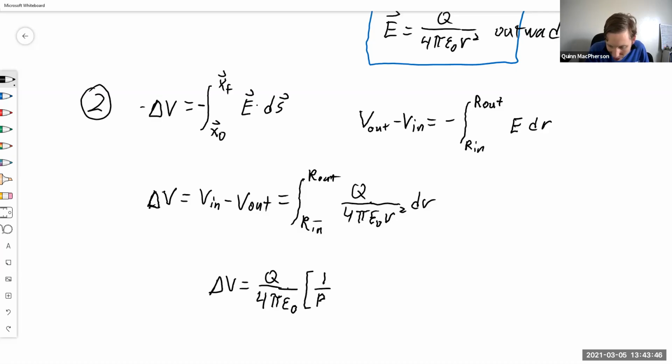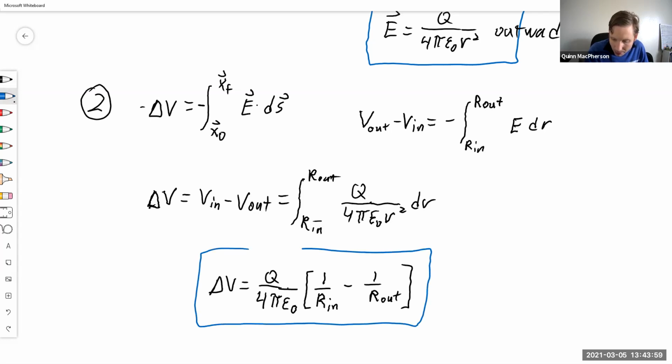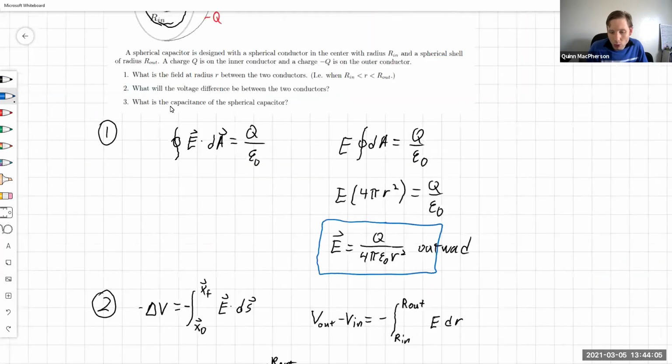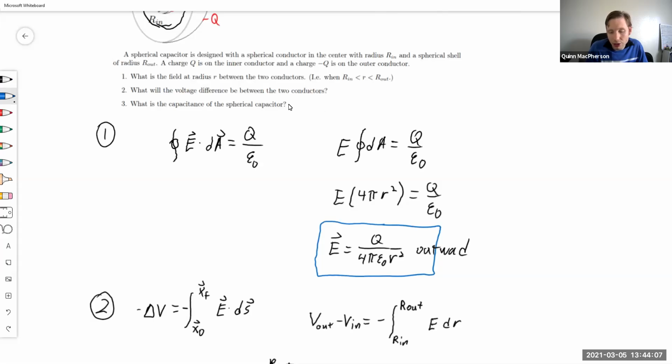I'll let you do that yourself. You get 1 over R in minus 1 over R out, like so. So that is the delta V. And then finally, the last question that it asks us about is, what is the effective capacitance of this spherical capacitor?